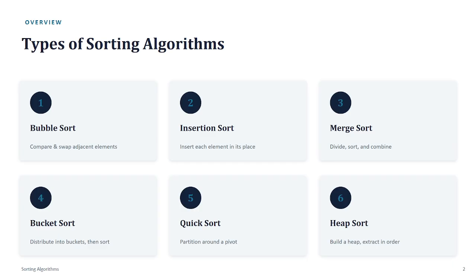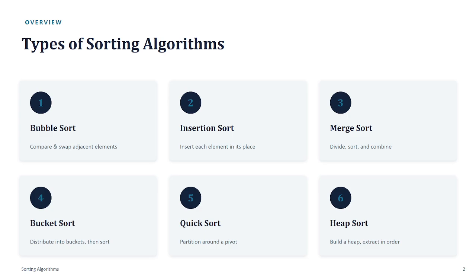In this lecture, we will learn 6 popular sorting techniques and understand where each one is useful. Before we dive into each algorithm, let's quickly see what we will be covering. We will start with bubble sort, which is one of the easiest algorithms to understand.